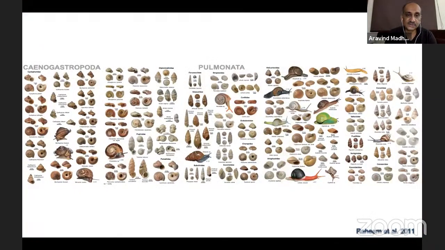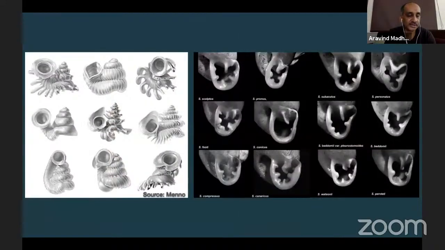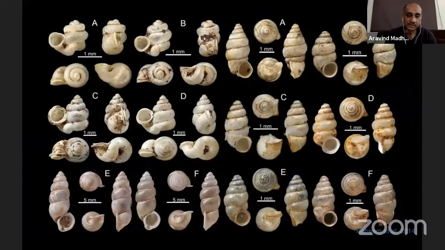And this is just to show the types of shells that occur in the terrestrial environment in the Western Ghats, and also the shell ornamentation of the terrestrial snails. All these characters are very important if you want to study taxonomy. These are all very small snails, as you can see from the scale bar.